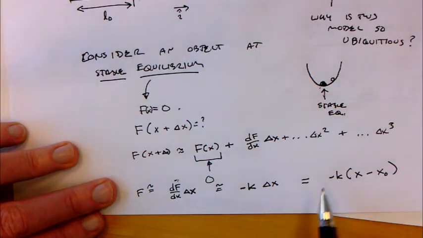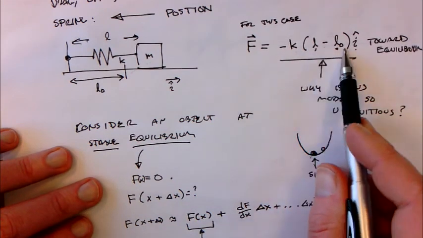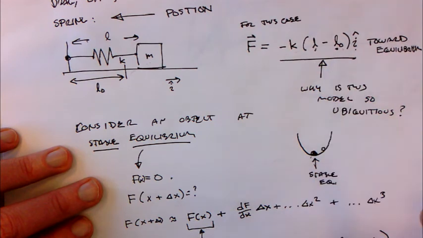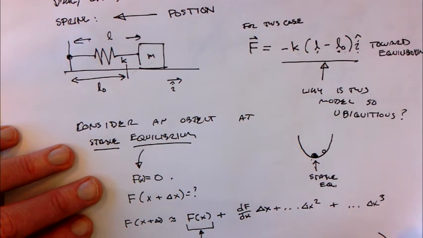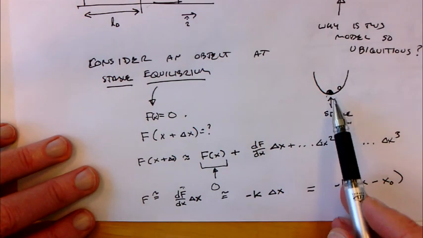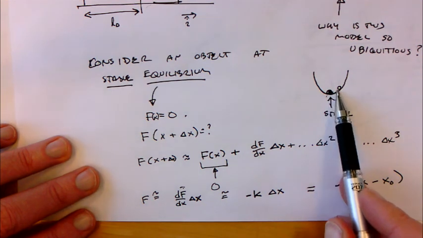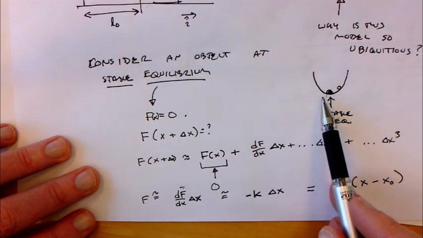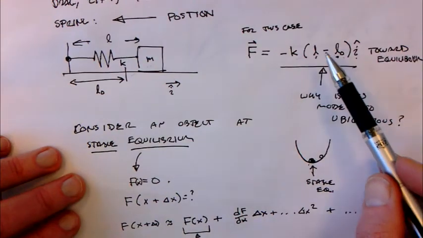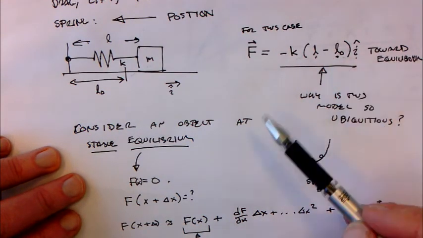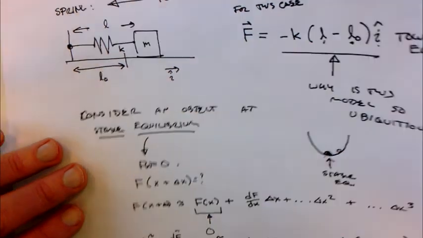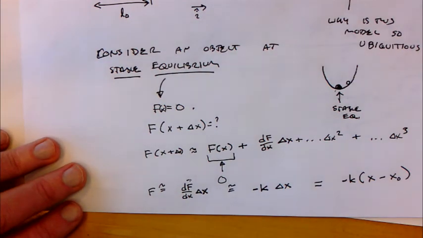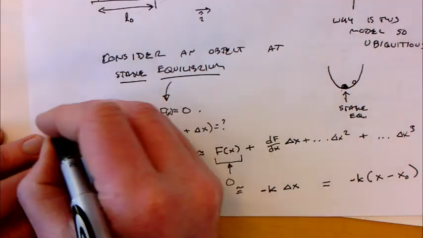Okay? So that's a reason why this k times L minus L naught expression shows up so much. It's the very first term. It's the simplest possible way to get behavior that says whenever I go away from equilibrium, I need to come back to equilibrium. That makes sense, that a linear model would be the simplest one that would bring you back.